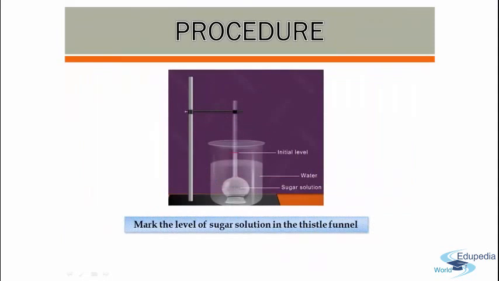Then we have to mark the level of sugar solution in the thistle funnel. As you can see in this image, this is the initial level and this is the beaker containing water and the thistle funnel with concentrated sugar solution.